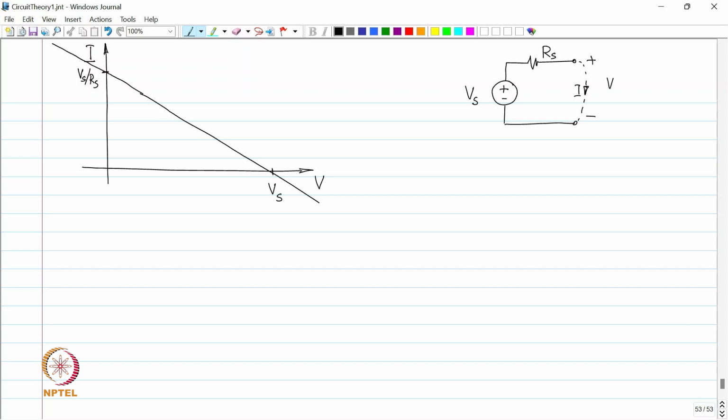If you want maximum power, if you want to draw maximum power, then what do you have to do in this graph? I have to draw the largest possible rectangle underneath this straight line, the largest possible, and that largest possible rectangle is right over here.